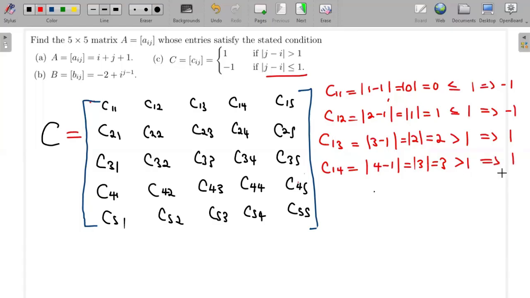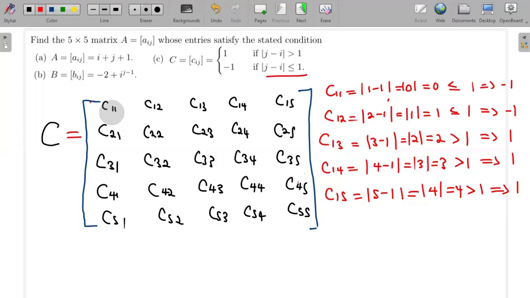The answer there is 1. C15: j is 5, so 5 minus i, which is 1, the modulus of 4, which is 4, greater than 1. So the answer there is 1. So the first row answers are: minus 1, minus 1, 1, 1, 1.